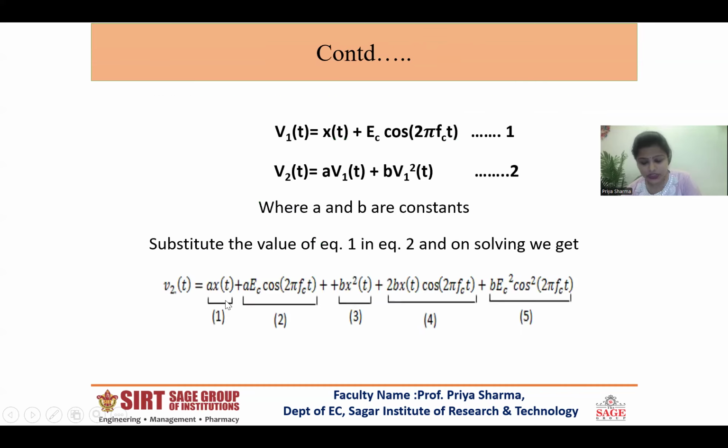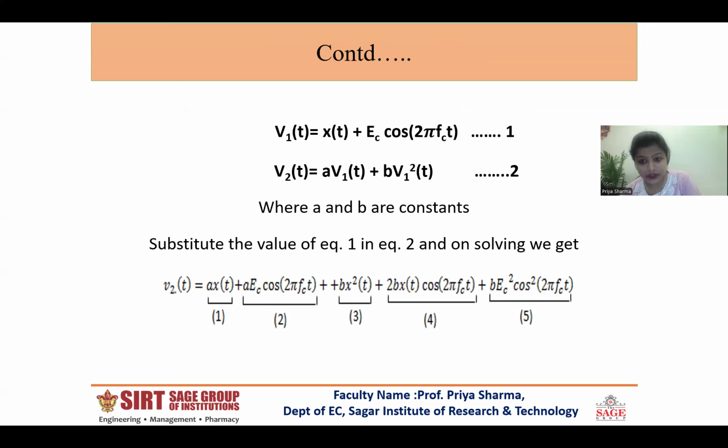So the first term does not contain any carrier frequency component, so it is rejected. The second contains the carrier frequency, so it is passed. The third again does not contain any carrier frequency component, so it is rejected. The fourth again contains the carrier frequency component, so it is passed. Why is the fifth rejected?